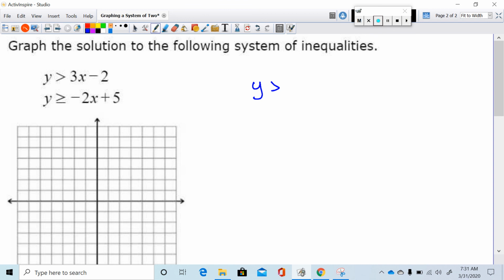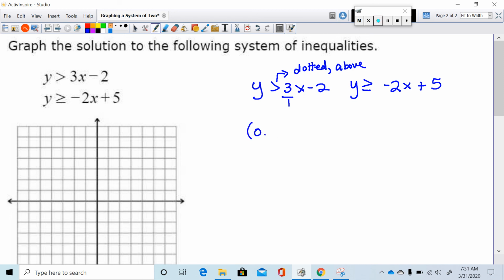Y is greater than 3x minus 2. Y is greater than or equal to -2x plus 5. Okay, the first one is not underlined, so that's a dotted line. And it's greater than, so I'm going to color above it. I'm going to make a fraction from my number in front of x.